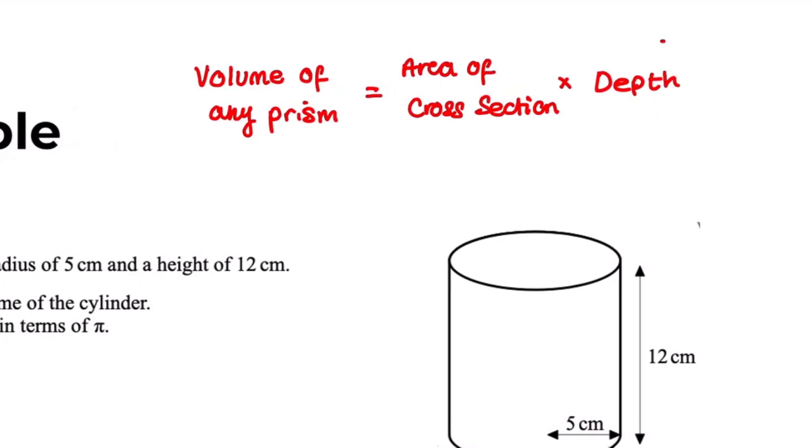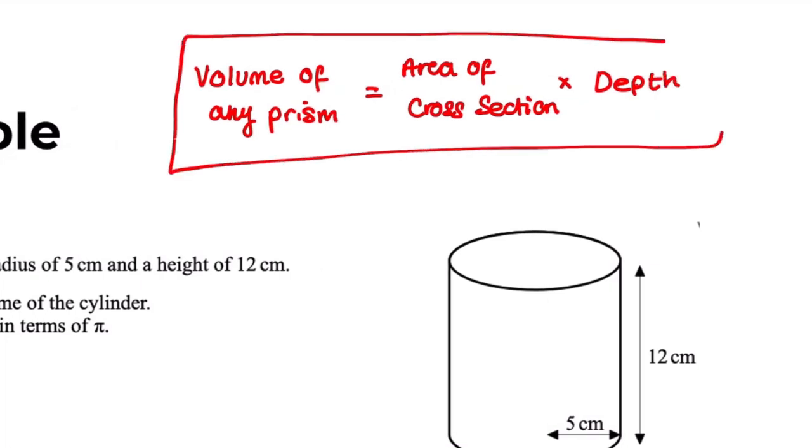This was the way that you can work out the volume of any prism. Now, the cylinder is an example of a prism. A prism is basically where you have any shape that runs constantly throughout the whole 3D shape.